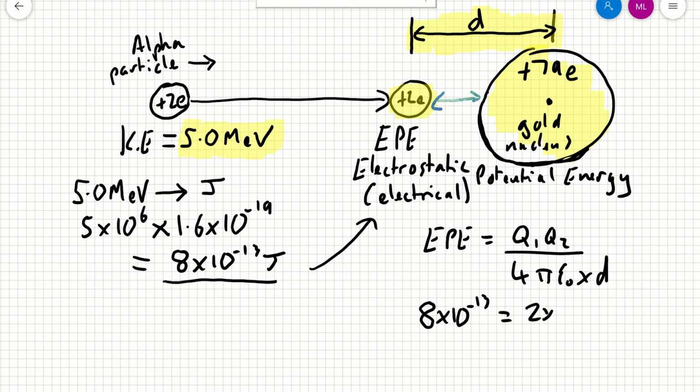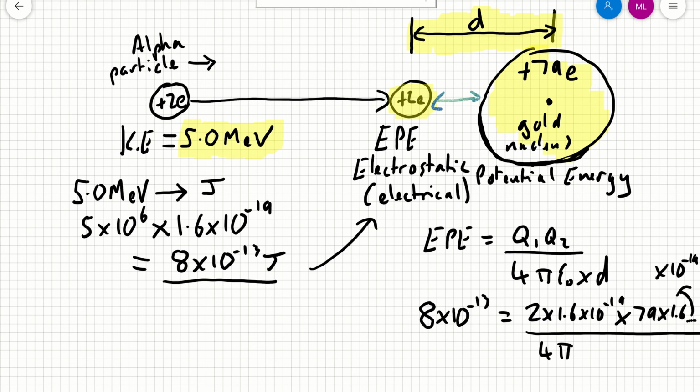So that's 2 times 1.6 times 10 to the minus 19, times the second charge, which is 79 times 1.6 times 10 to the minus 19, all divided by 4 pi.